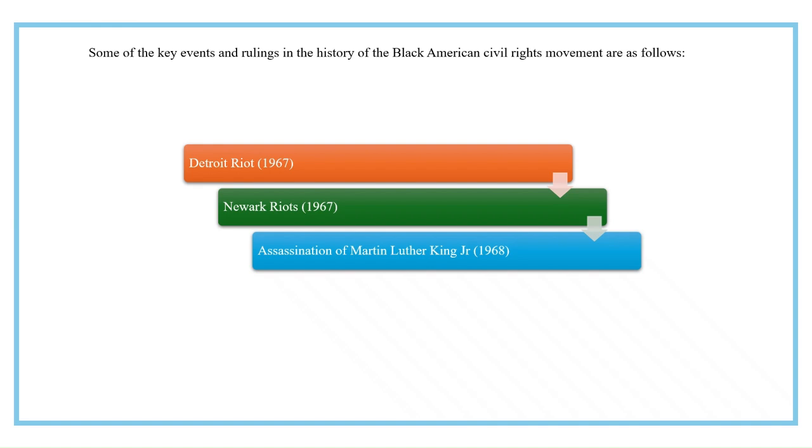The violence spread, resulting in 43 deaths, hundreds injured, thousands of burned buildings, and many arrested. President Johnson created the Kerner Commission to identify the causes of unrest. It cited racism, discrimination, and poverty as the causes for unrest and warned that our nation is moving towards two societies, one black, one white, separate and unequal.